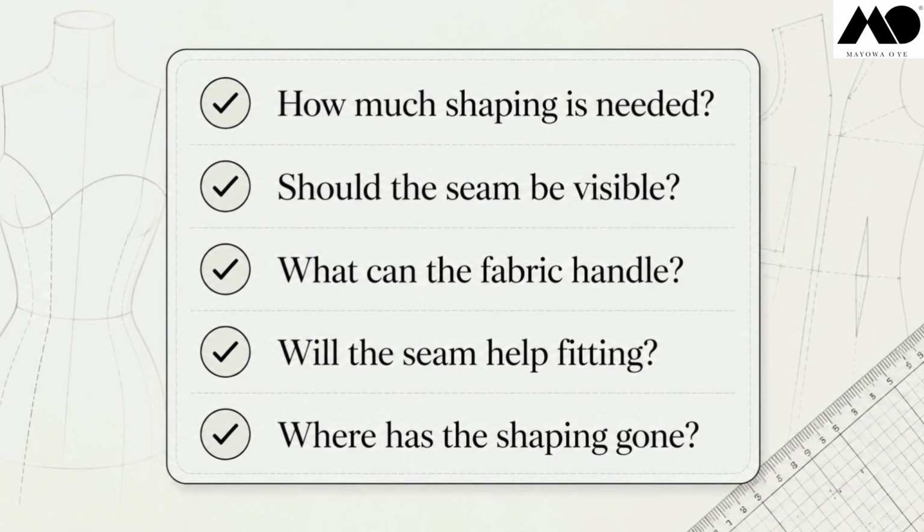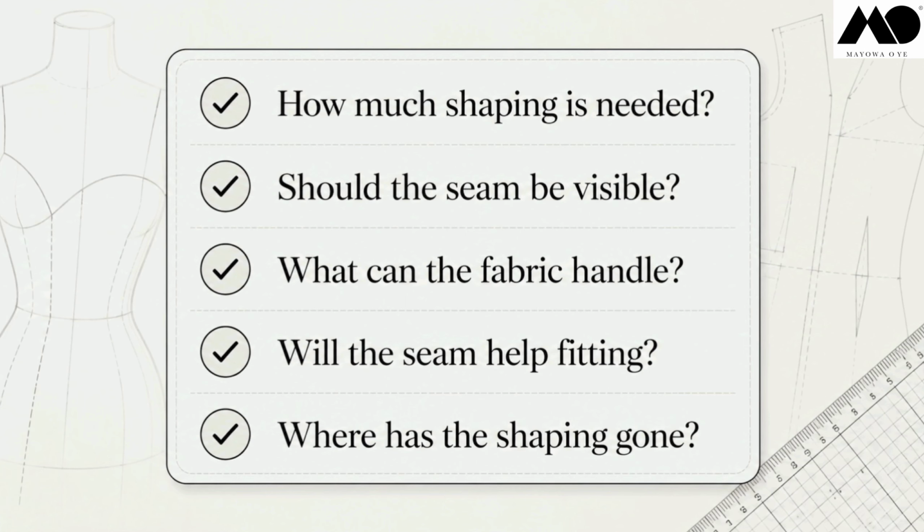But if the garment needs close shaping across the bust, waist, and torso, lean toward a princess seam. Number two, does the design want a visible seam line, or should the surface stay clean? Number three, does the fabric support your choice? Thick, busy, slippery, soft, structured, or stretchy fabric all change the decision you make.